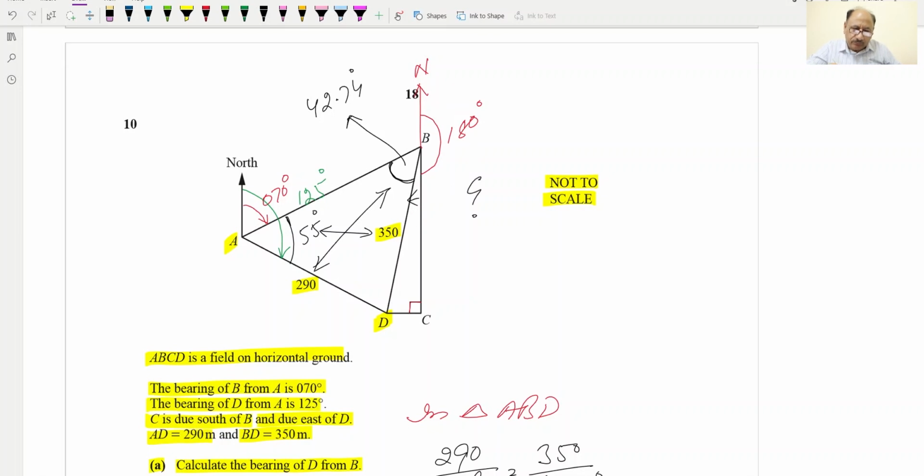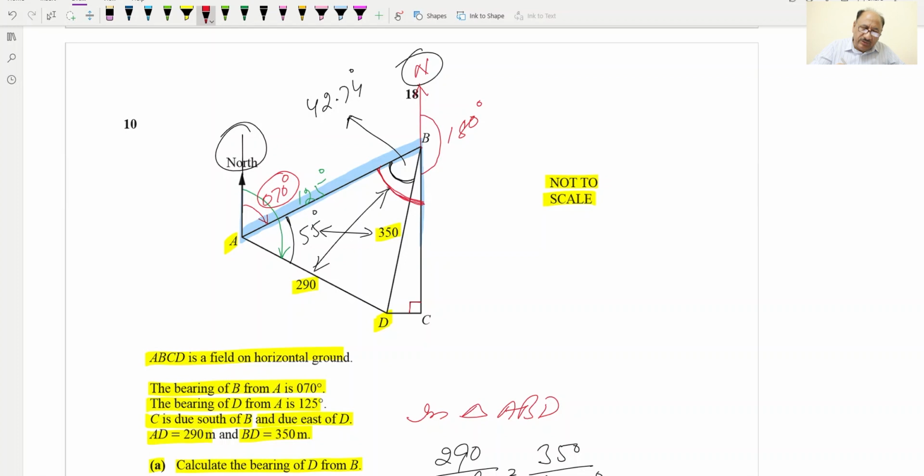Let us check if this is working. This one is north, and this is north, and these two are parallel. And basically this is making a Z. So this complete angle is equal to 070, so this angle is also 70 degrees.